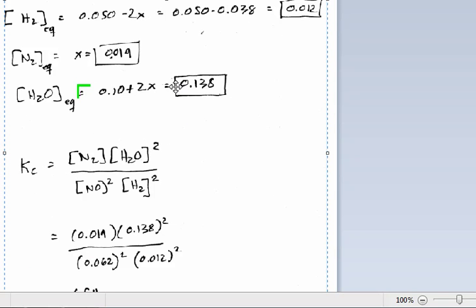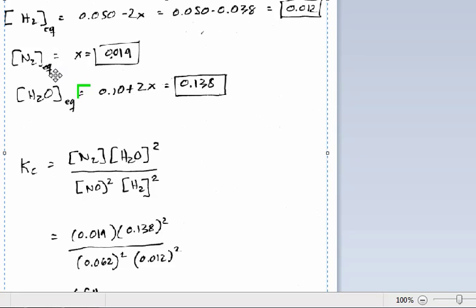So now I use the values in my last row to calculate my equilibrium concentrations of the remaining 3 chemicals. According to my table, the concentration of hydrogen is my initial molarity, 0.05, minus 2x. So 2x would be 0.038, and that's my equilibrium concentration of hydrogen.